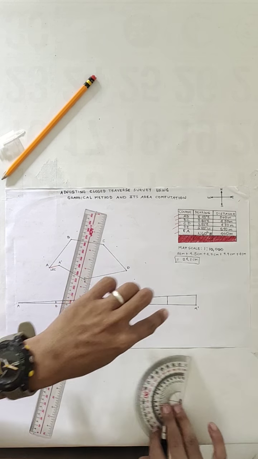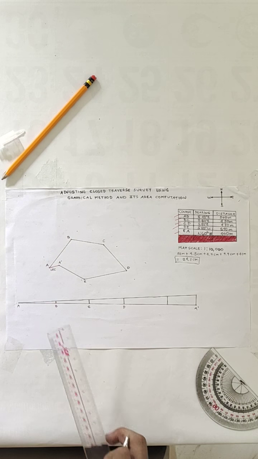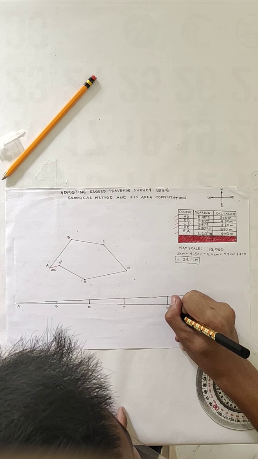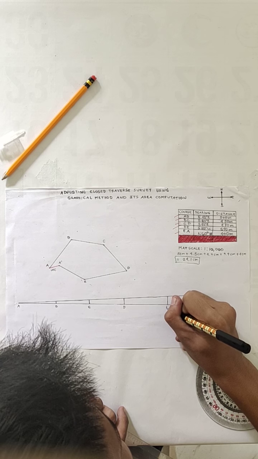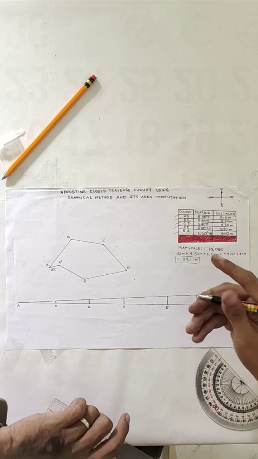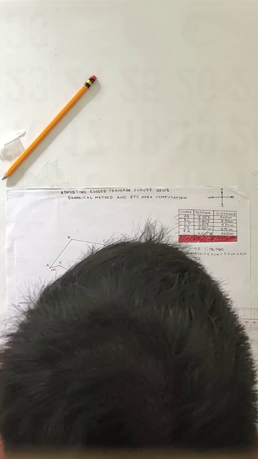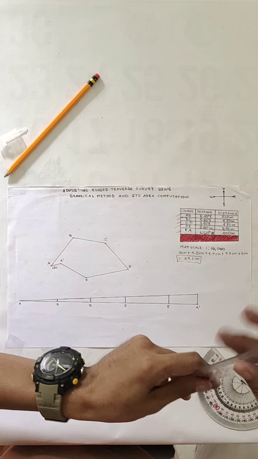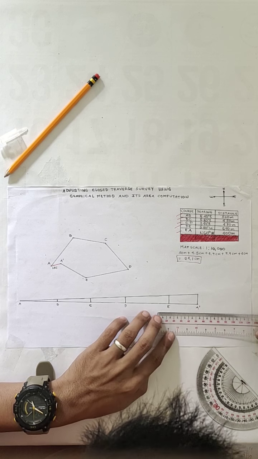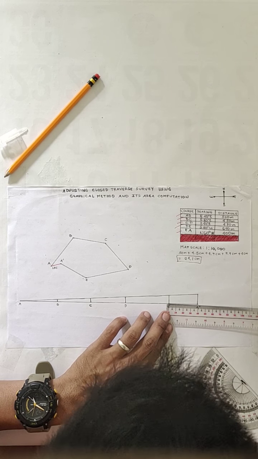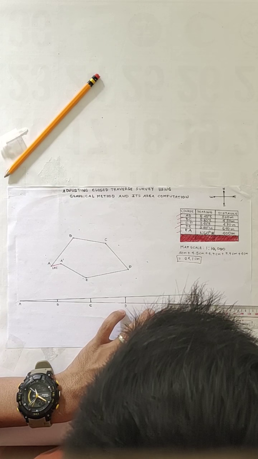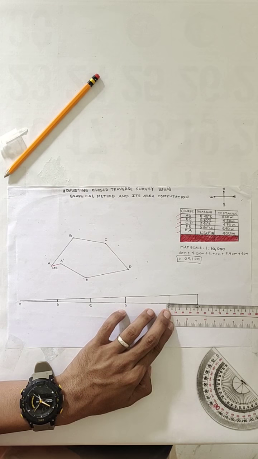So the remaining would be exactly 4 centimeter, which is E. So it is correct, it is 4 centimeter.